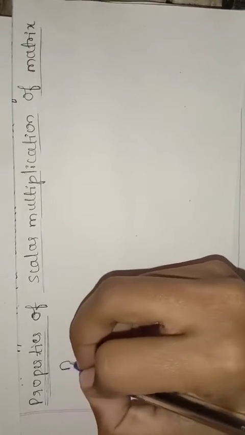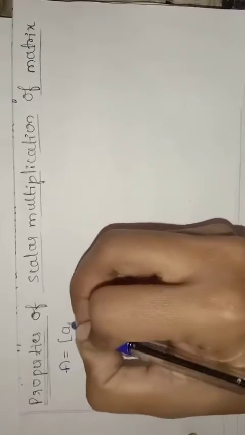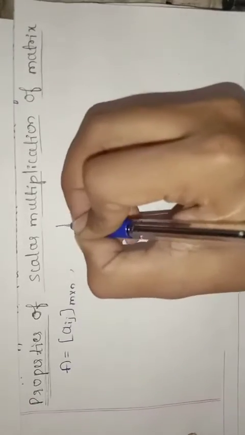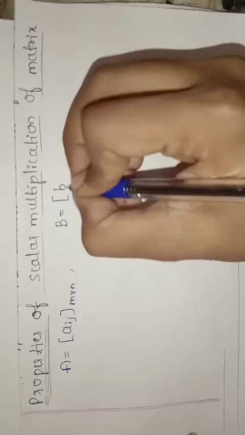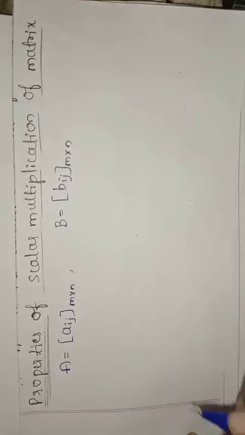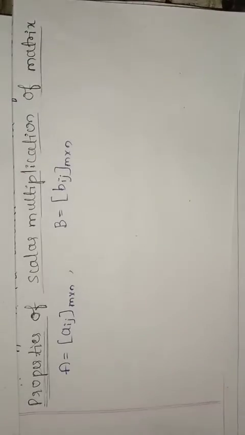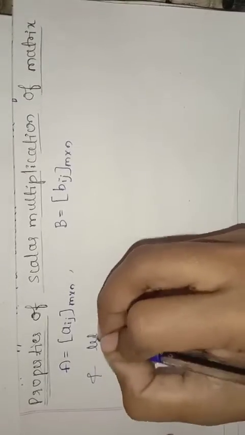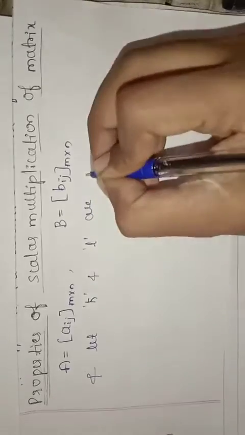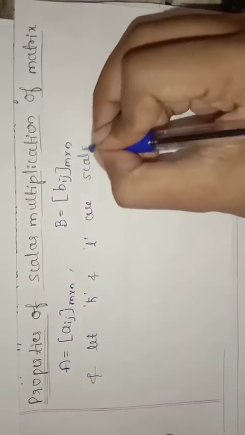Suppose we have a matrix A equal to aij of order m cross n, and a matrix B equal to bij of order m cross n, and let K and L be scalars.